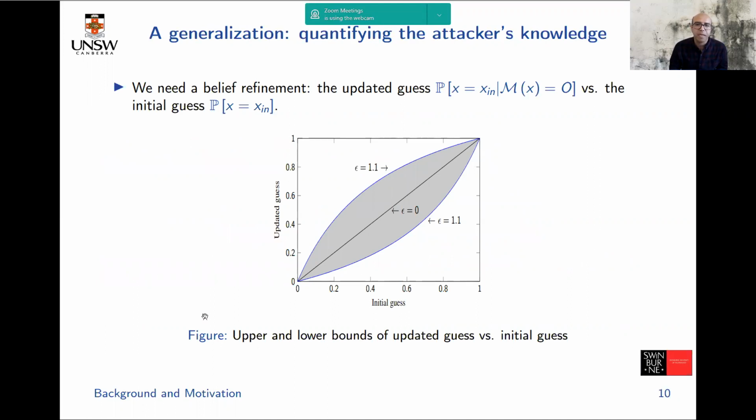example. If you want to generalize this, for example, to quantify the attacker's knowledge, say you assume the attacker has an initial guess of whether the targeted person is in the database or data set or not. That's the probability of that. Then the attacker wants to update his or her guess based on the output of the randomized process.